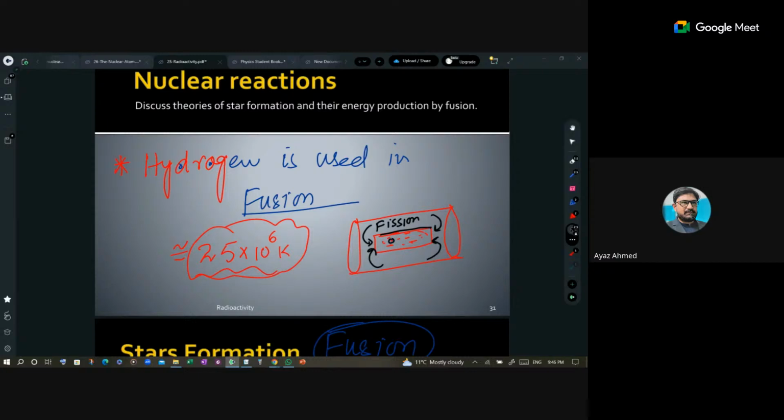So at that time, hydrogen fuel burns out, I mean fusion takes place. So the inner core is using fusion. So two nuclear processes take place at a time. That's why this hydrogen bomb technology is so severely dangerous.